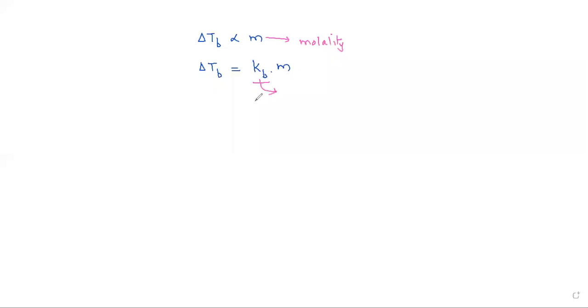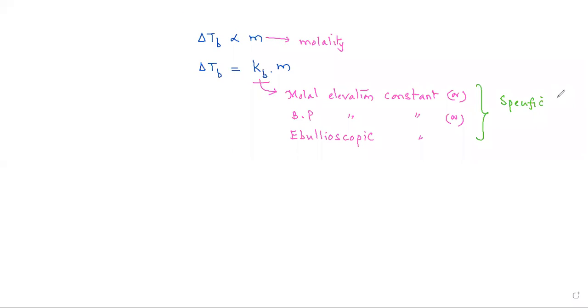This KB can be given as molal elevation constant or boiling point elevation constant or specifically ebullioscopic constant. So this constant, of course, is specific for a solvent.